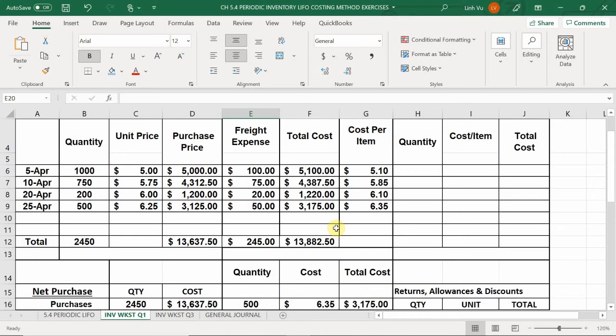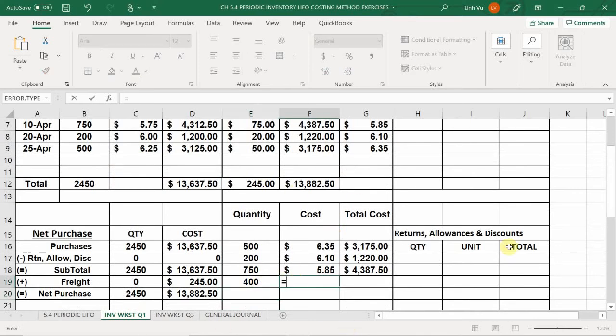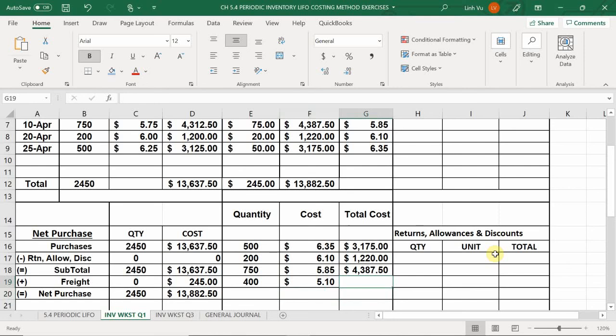So in this case, I have to do a calculation because I need to know what the precise amount is for selling exactly 400 items. So my cost per item for this one right here is $6.10, right? So this is where I have to do my calculation.